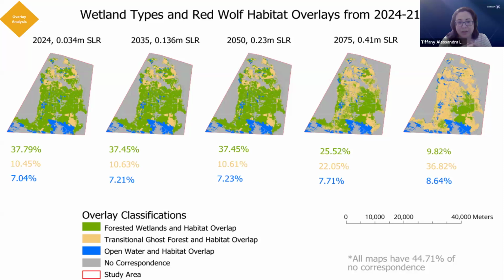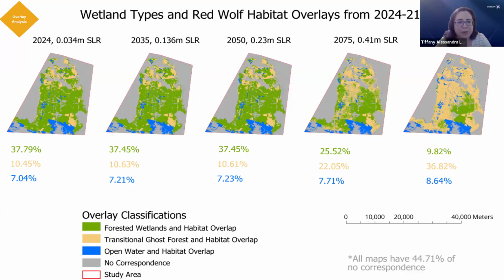But from that point on, there's a drastic decrease of almost 12% in forested wetlands by 2075, and then a further 15.7% by 2100. That same general trend is seen with the second line, which is the transitional ghost forest overlap. It only rose 8.18% from 2024 to 2035, and it actually decreased a little from 2035 to 2050.